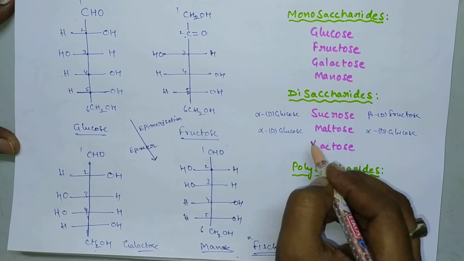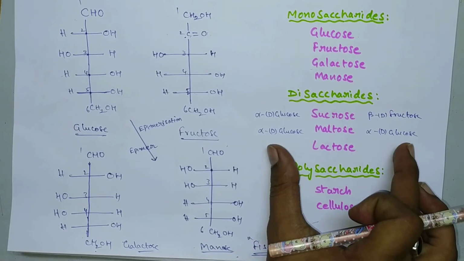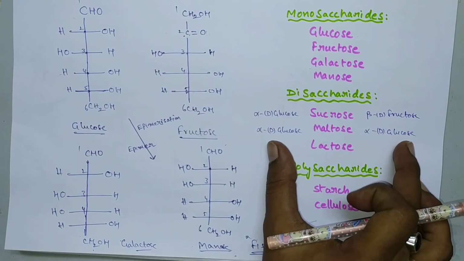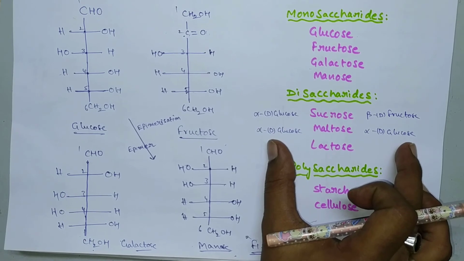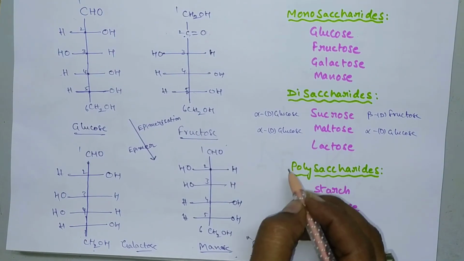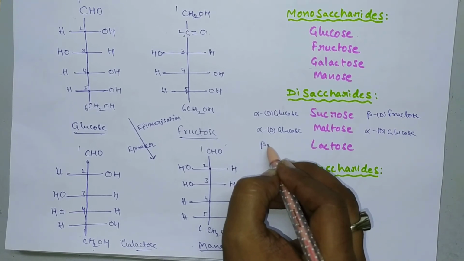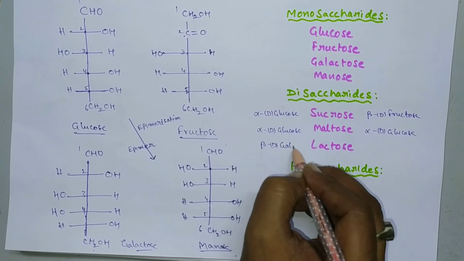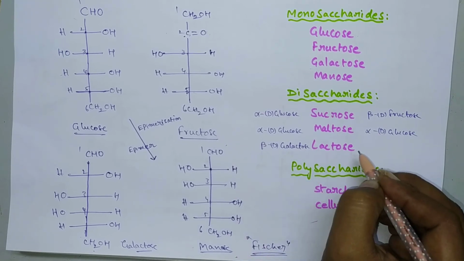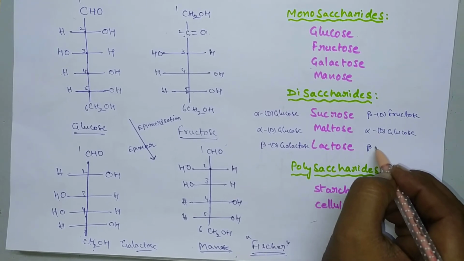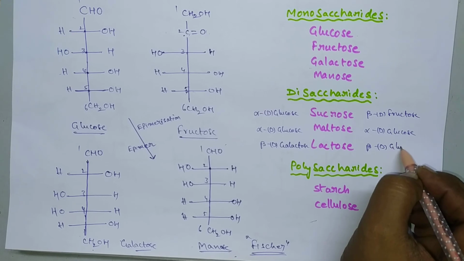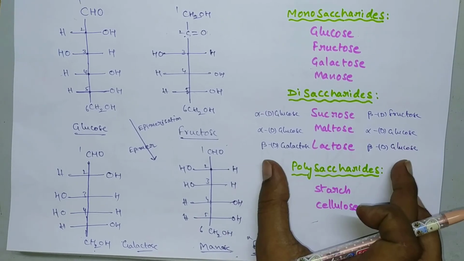That means upon hydrolysis of maltose, it produces 2 similar units, the same units, that is alpha D glucose units. And next, lactose consists of one galactose and one glucose. That is beta D galactose and beta D glucose. Both are in beta form. You have to remember this one.